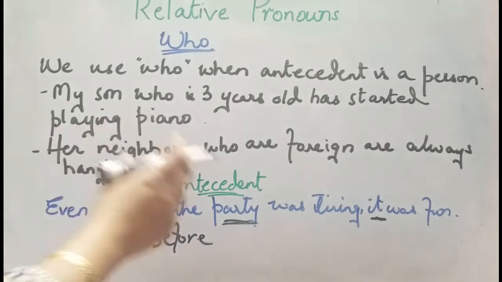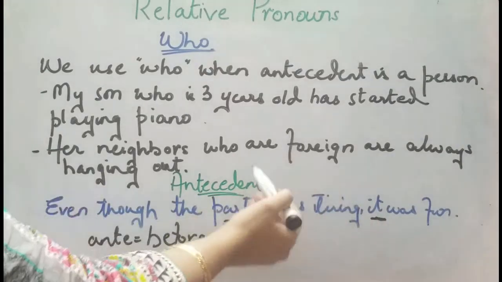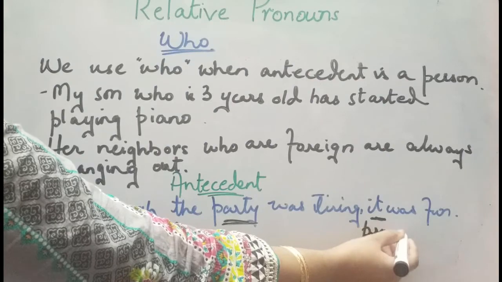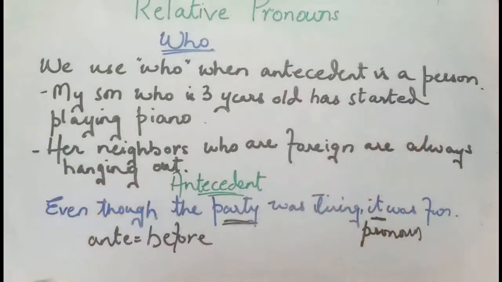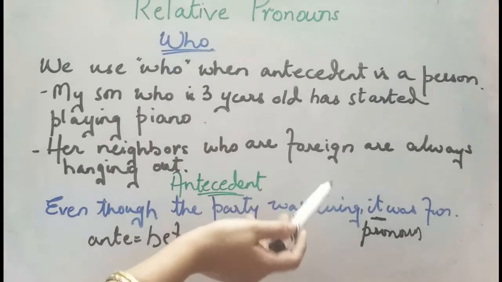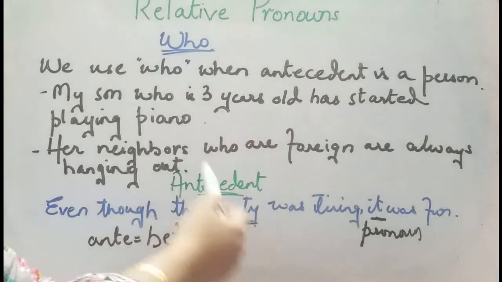So see, party is the noun to which it refers. It is a pronoun that refers. What was fun? The party was fun. Even though it was tiring, it was fun. So this pronoun is referring to the party.